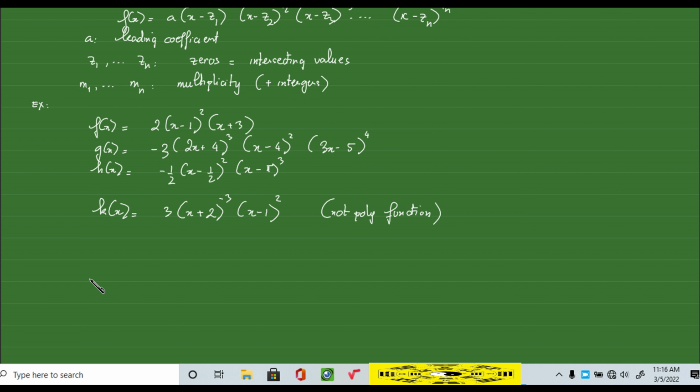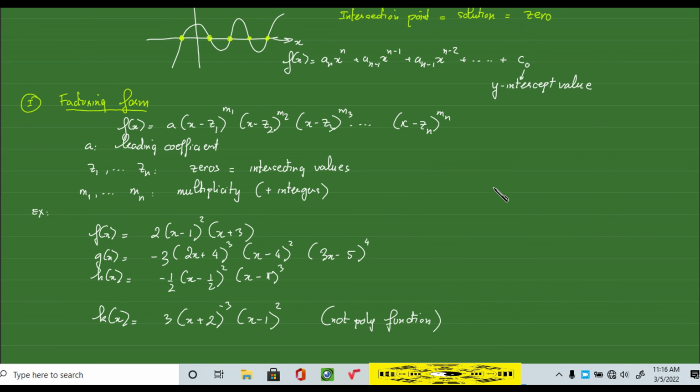We already talked about that last time. Any trinomial function in the form of ax squared plus bx plus c is a polynomial function, and we call it a second degree polynomial function. So think about that.